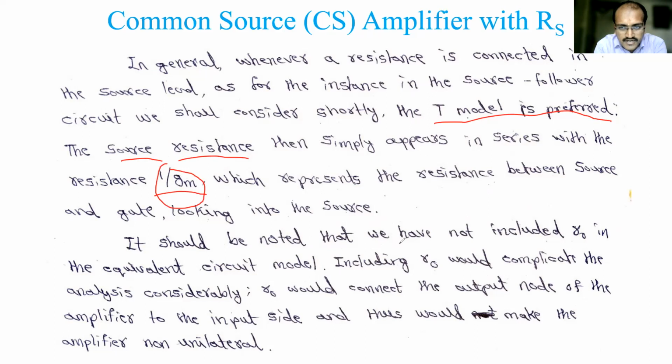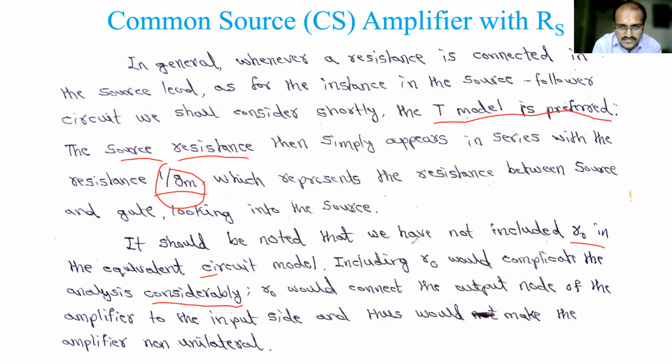It should be noted that we have not included R naught in the equivalent circuit model. I mentioned this, right? Including R naught would complicate the analysis considerably. R naught would connect the output node of the amplifier to the input side and thus would make the amplifier non-unilateral.